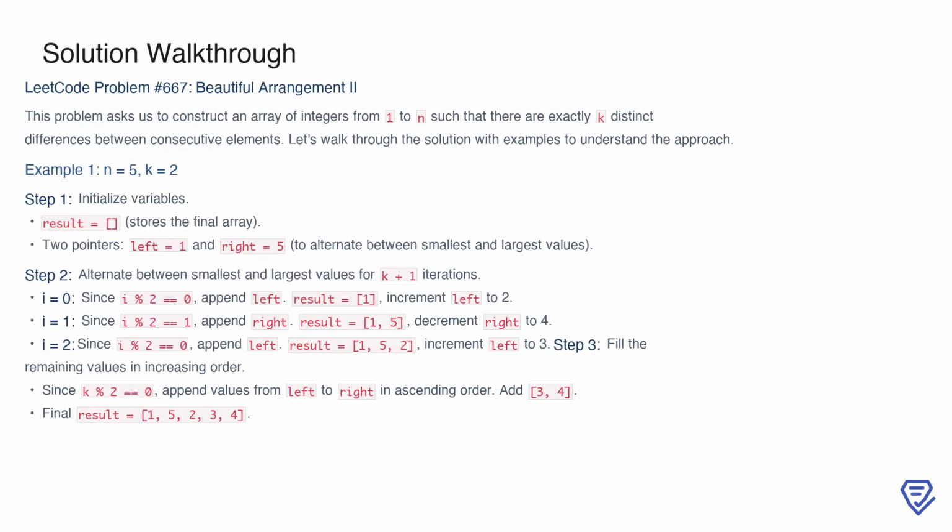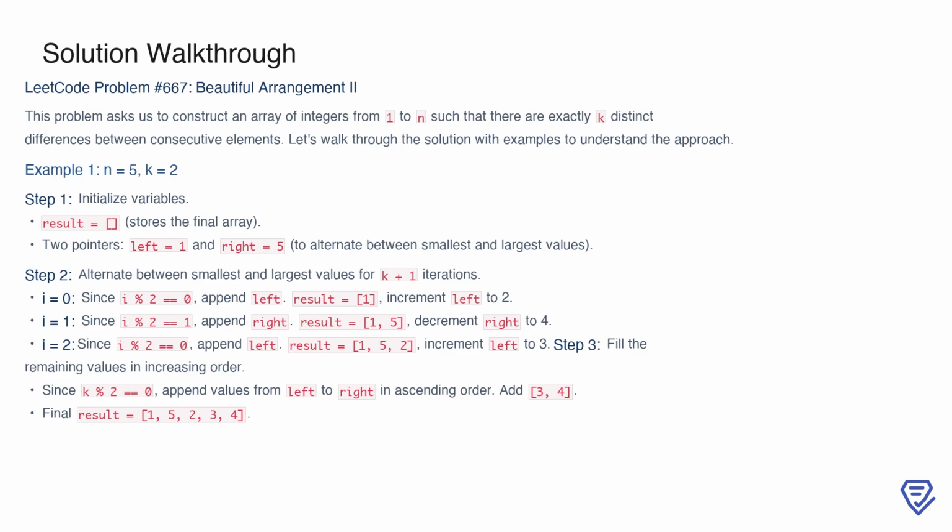This problem requires us to construct an array with integers ranging from 1 to n, ensuring there are exactly k distinct differences between consecutive elements. To achieve this, we alternate between the smallest and largest unused values for the first k plus 1 positions, then fill the remaining spots in sequential order.